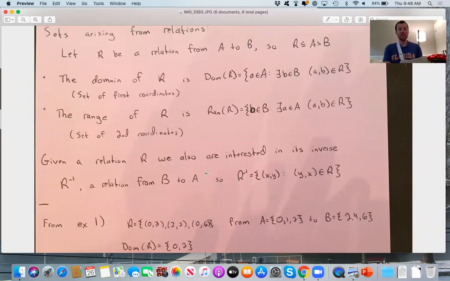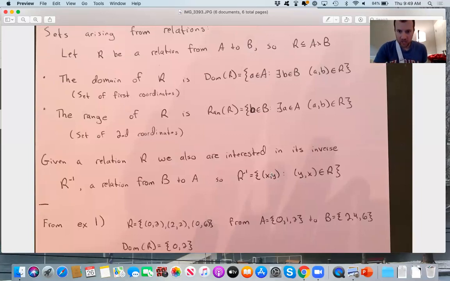So we're interested in the inverse relation. R is a relation from A to B. Its ordered pairs look like something in A and something in B. R inverse is essentially flip everything in R around. So R inverse will be a relation from B to A. It's changing which of the sets gives you first coordinates and which one gives you the second coordinates.